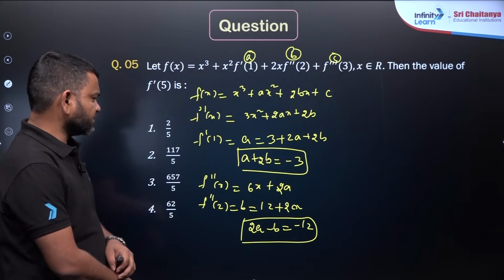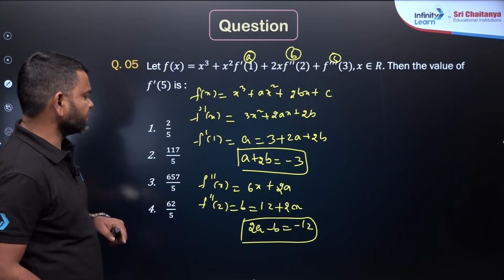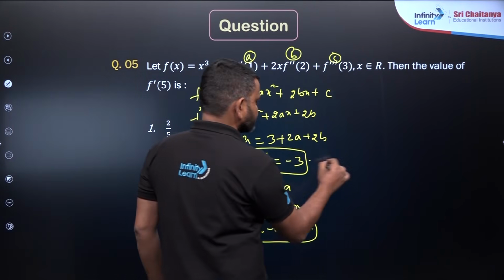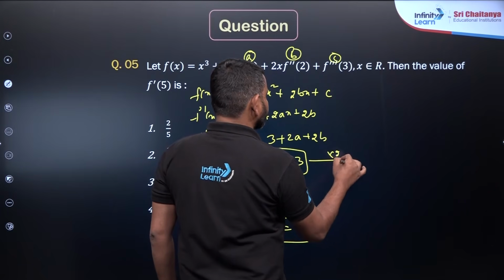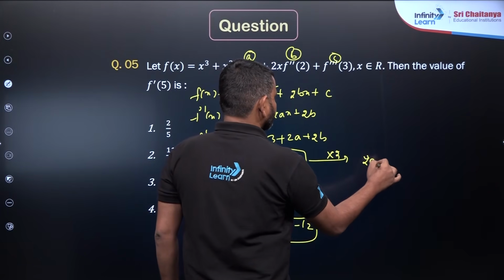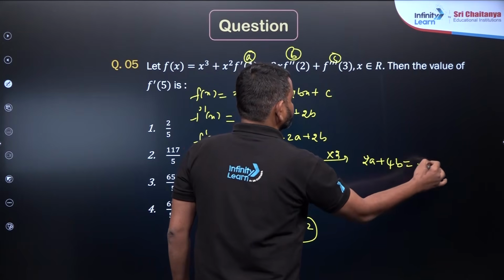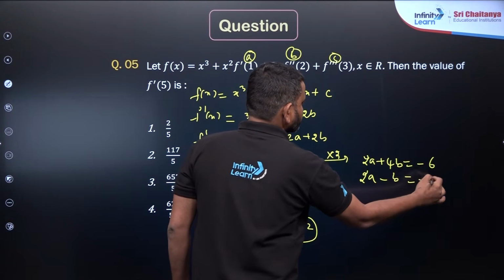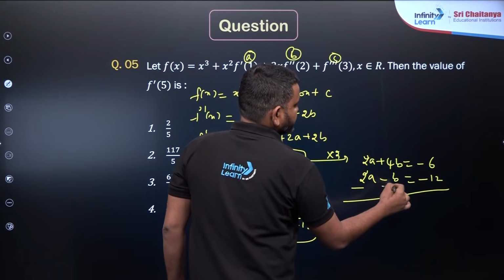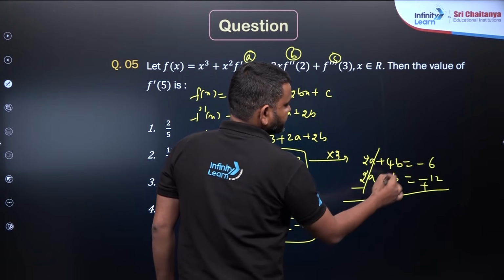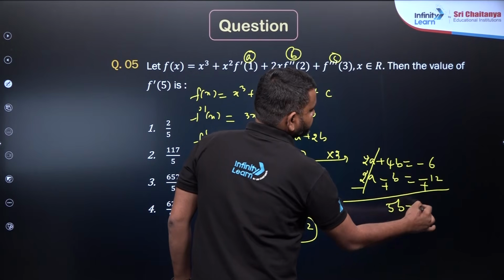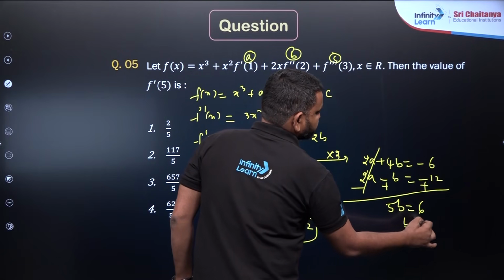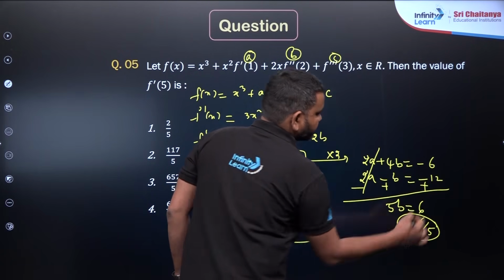Now I need the value of a and b. I am going to multiply this with 2 so that I get 2a plus 4b equals minus 6, and this equation as it is, 2a minus b equals minus 12. Now minus and plus cancel. So 5b equals 6, b equals 6 by 5.